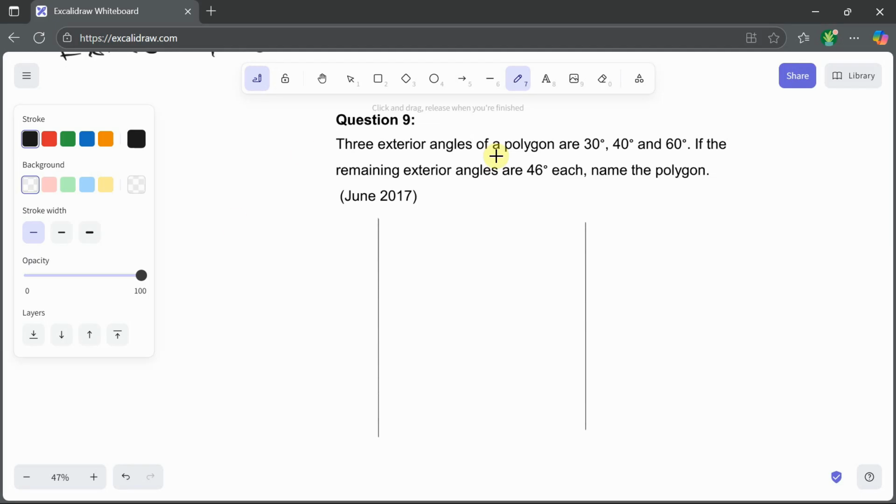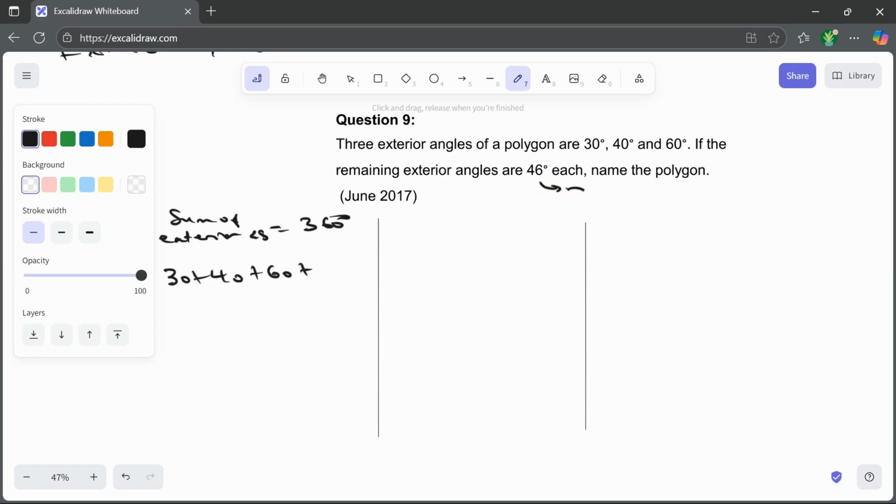What do we know about the exterior angles of a polygon? We know that the sum of exterior angles is 360 degrees. Right? We're told that 3 of them, so we know that would be 30 plus 40 plus 60, right? Plus, the remaining are 46 degrees each. Do we know how many are the remaining? Let's say the remaining is n, right?